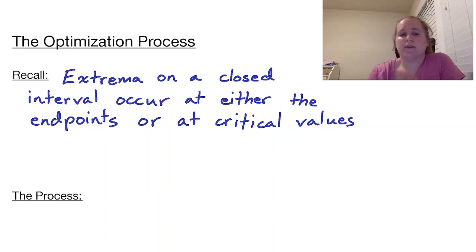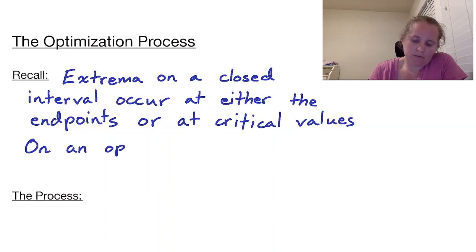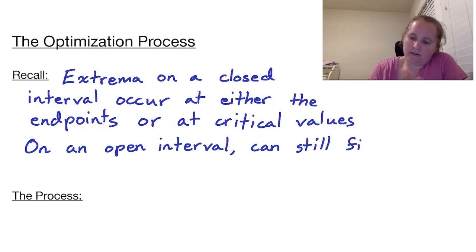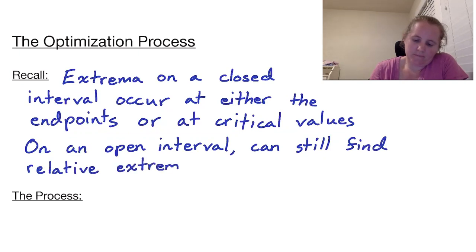And we can use either the first derivative test or the second derivative test to figure out if it should be a max or a min, right? So on an open interval, you can still find relative extrema at critical values.